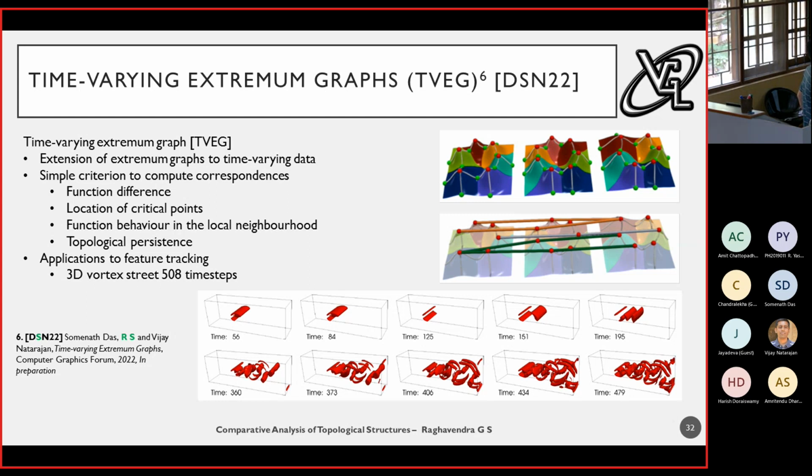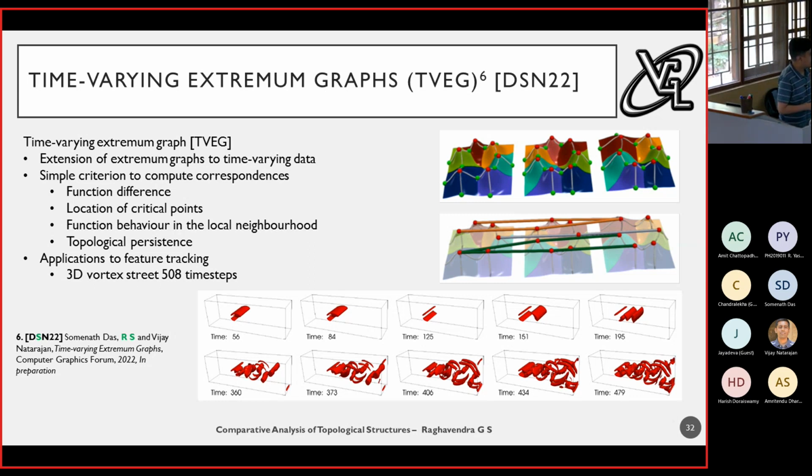We consider the neighborhood of the critical point, all the saddles which are neighbors and the maxima which are neighbors, and we take their contribution while computing this part. Then we consider the topological persistence of that particular feature. With this criterion, we compute the correspondences, and we have some applications to feature tracking.